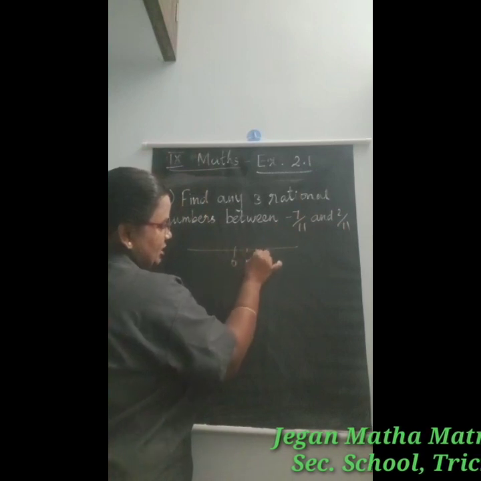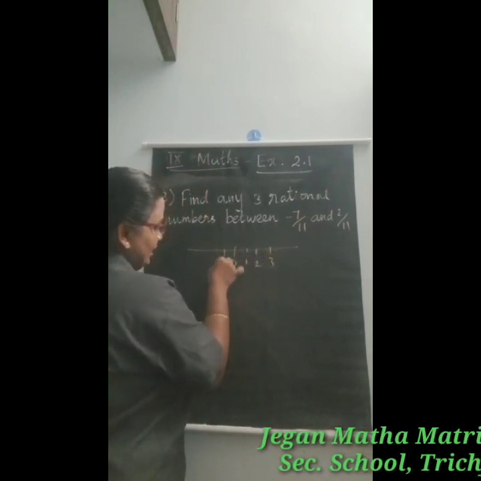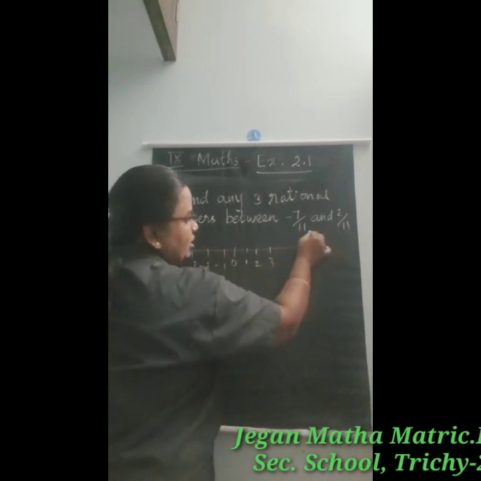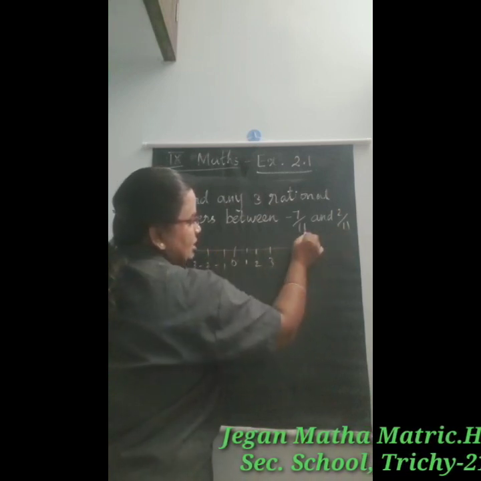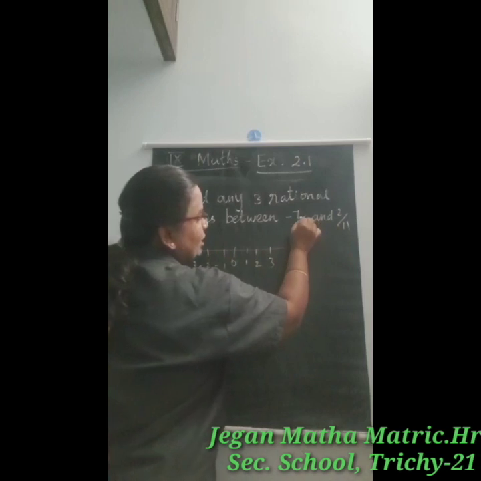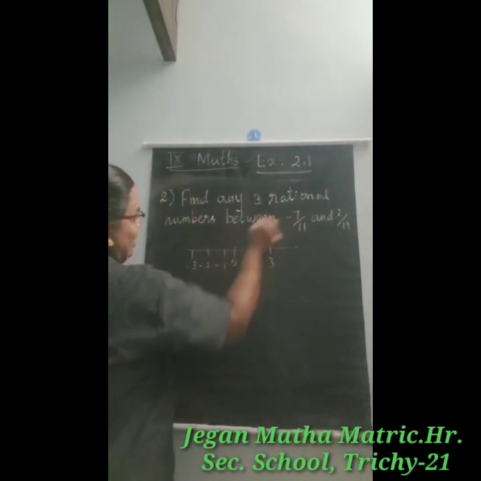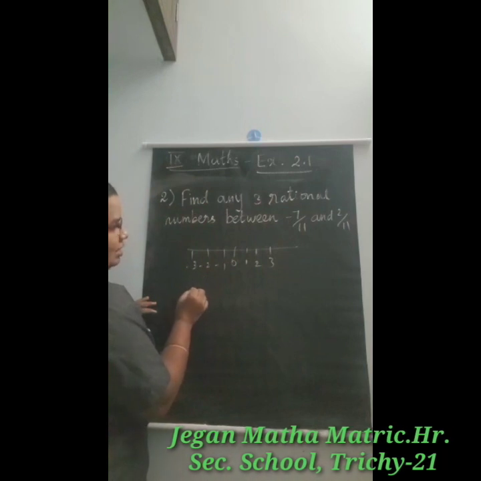Integers means this is positive numbers and this is negative numbers. So, in between these two numbers, the denominators are the same, which means we have to take from minus 7 to 2. So, what are any three rational numbers? Any number.